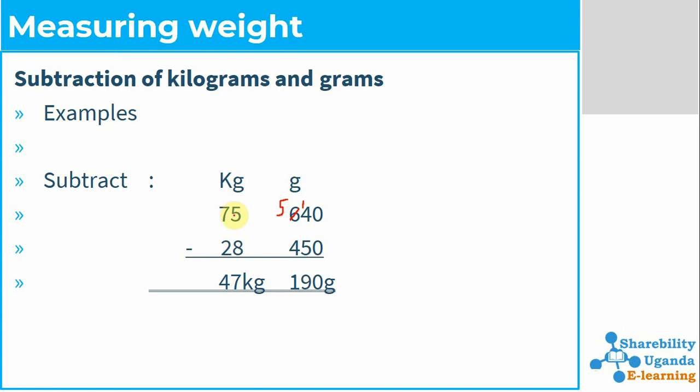Okay, so we can see also here, we shall also borrow one from here. When you borrow one from here, this is going to remain 6, and this is going to be 15. 15 minus 8, we get 7.